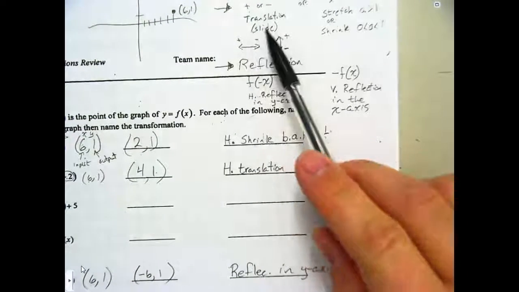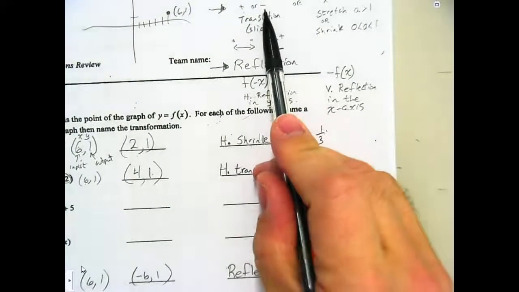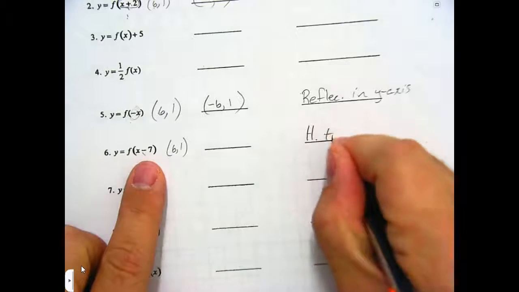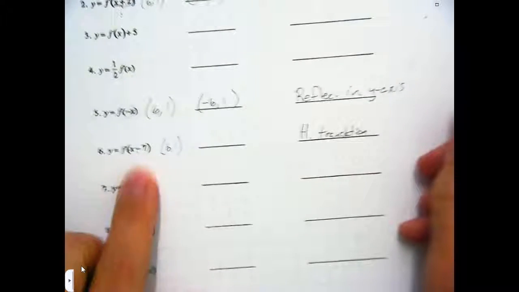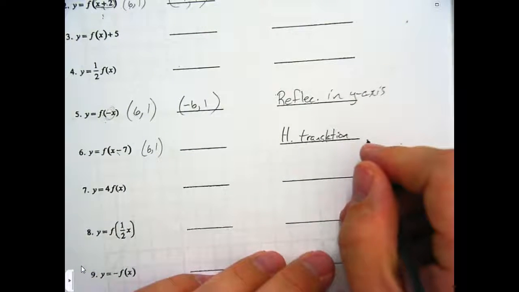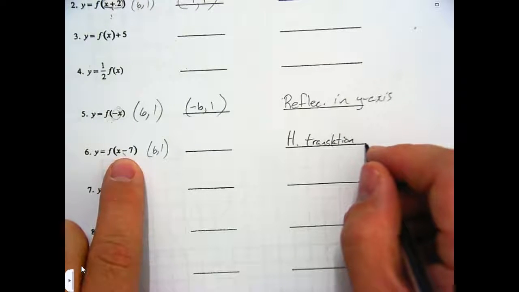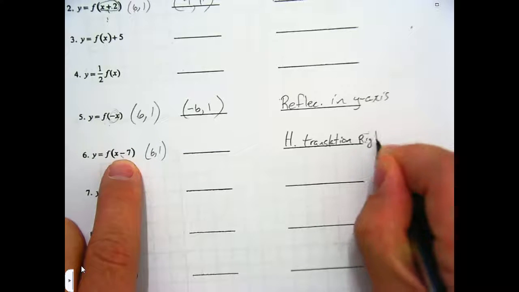How many say stretch, shrink, or translation? It is a translation, yes? So we're subtracting. It's a horizontal translation, which is the same thing as a slide. Horizontal translation. Which way? Left or right? Right. Good job.